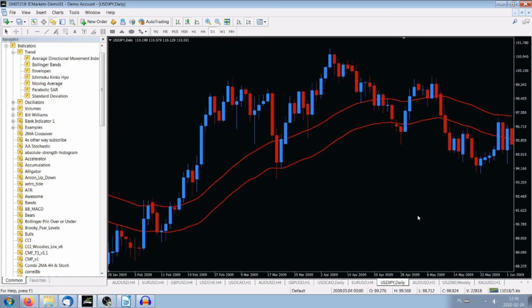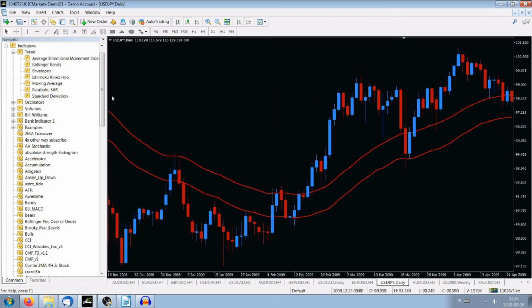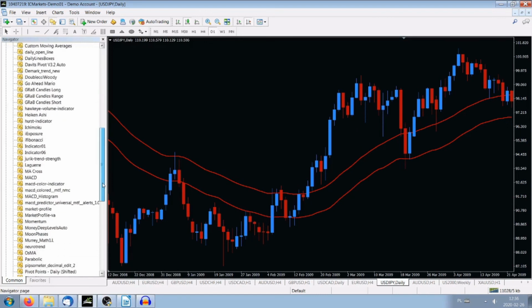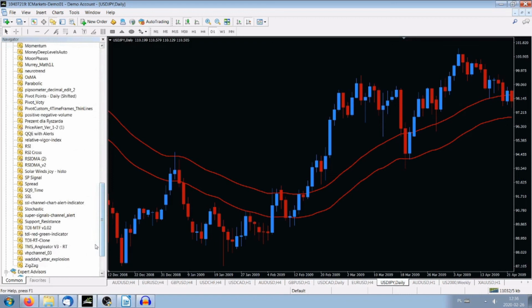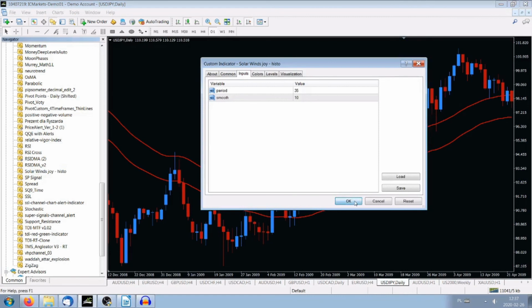So those are the 10 simple systems. Obviously you can now combine them. You can add SolarWind Joy to this one just to confirm. Where have we got it? It just disappeared. Here we go. Yes, that's the histogram.